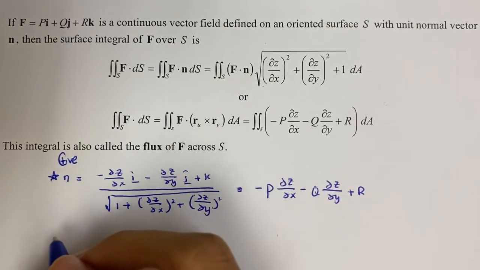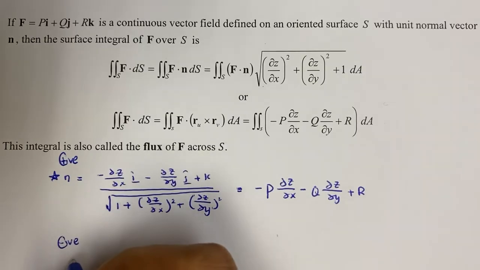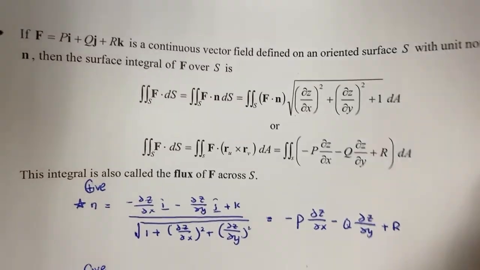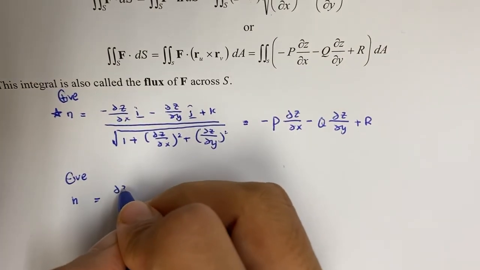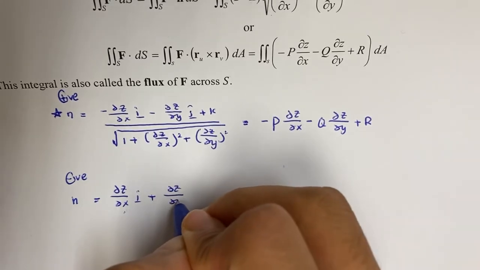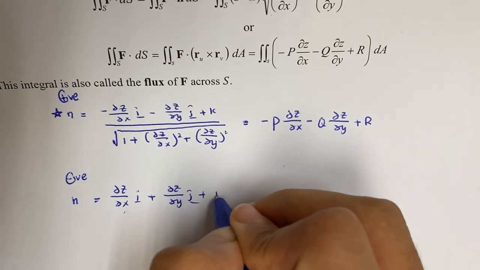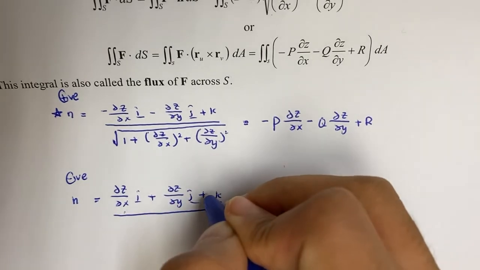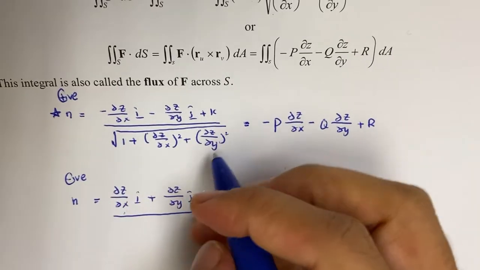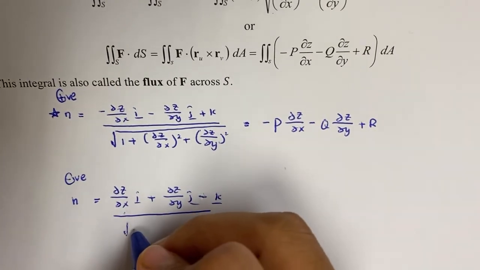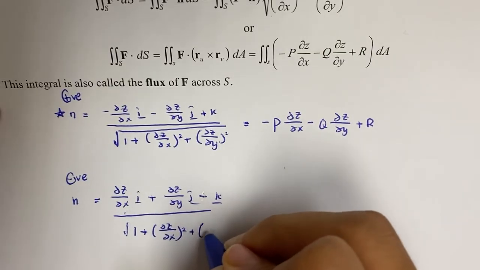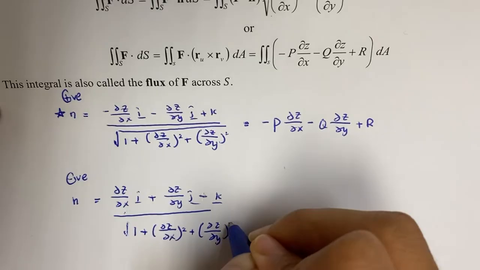But if you have negative orientation, n is equal to, for this one, del z over del x i plus del z over del y j plus, sorry, minus k, over the square root of 1 plus (del z over del x) squared plus (del z over del y) squared.